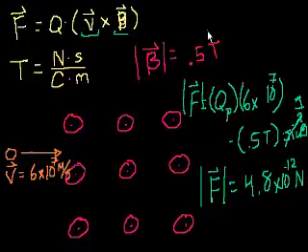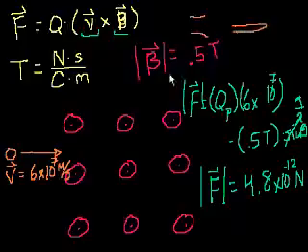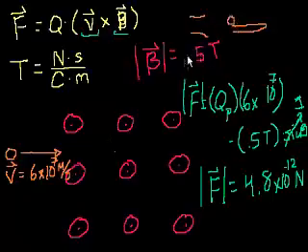So my right hand is going to look something like this. My index finger is pointing in the direction of the velocity vector, while my middle finger is pointing in the direction of the magnetic field. So my index finger is going to point straight up, so all you see is the tip of it.